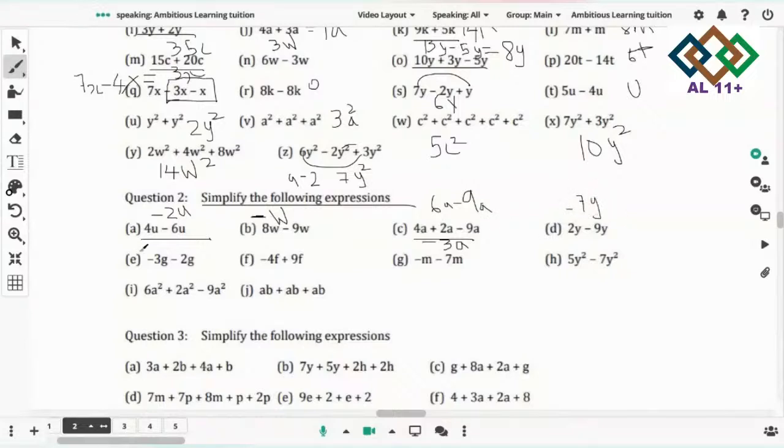I want you guys to try doing number E for me, and then I'll tell you if you're doing it right or wrong. Try doing number E. Number E now, because what I was telling you before, because you have minus and minus, that becomes adding.